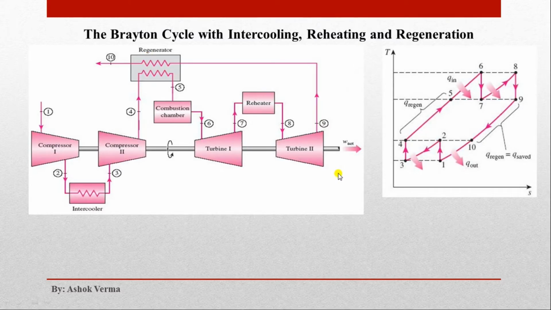So here we will see the TS diagram. Process 1 to 2 is the isentropic compression in stage 1, then heat rejection or intercooling, perfect intercooling, because the temperature is decreasing till the initial temperature T1. So this is the perfect intercooling.